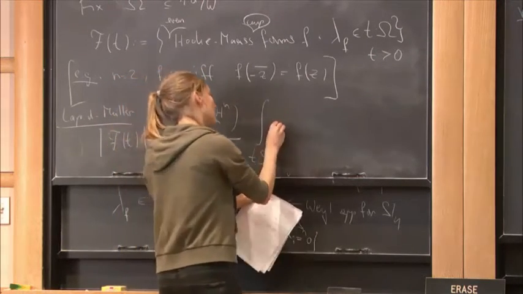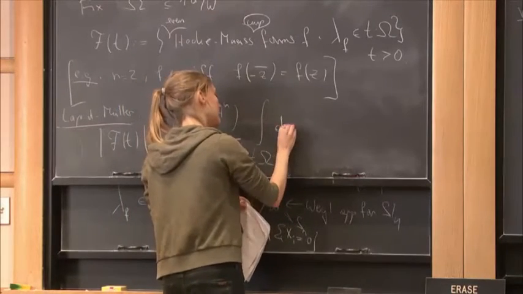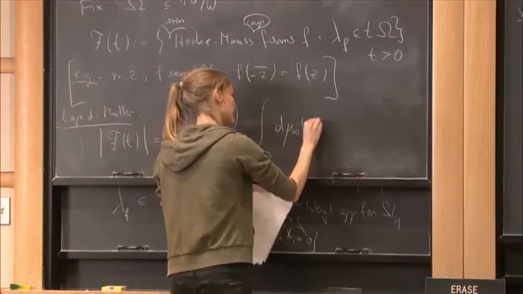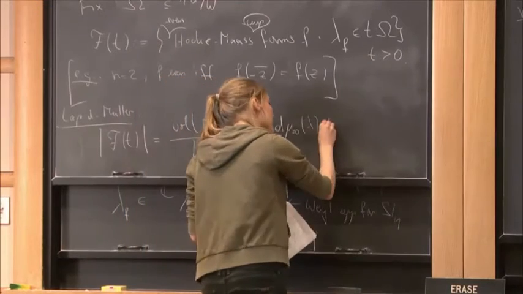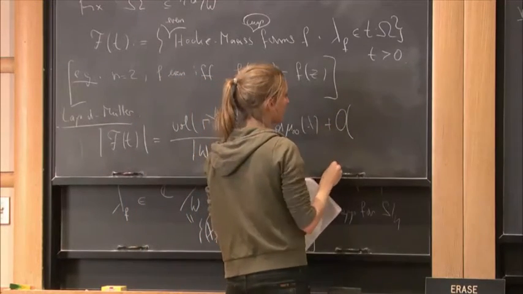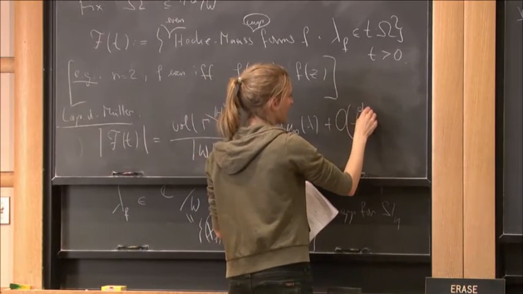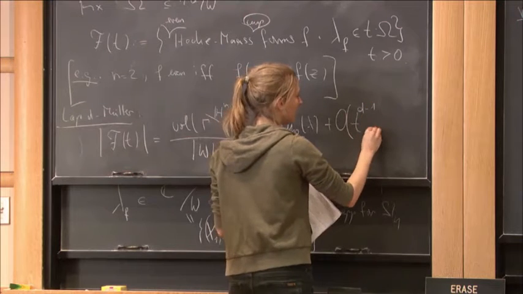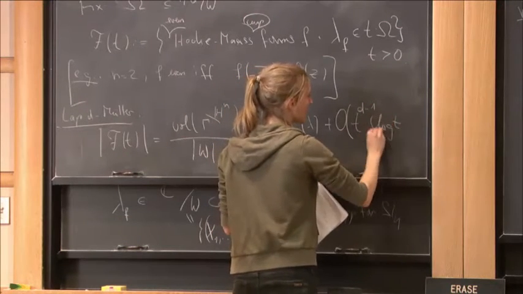So we have T omega d mu infinity. And they also gave an upper bound for the error term, so it's T to the d minus 1 times some log terms.